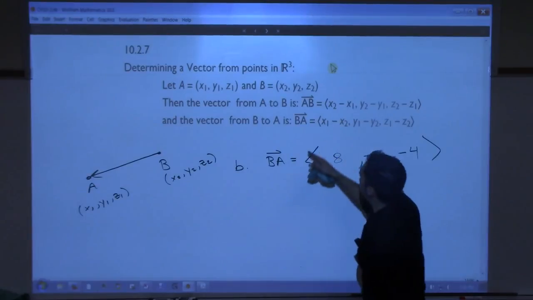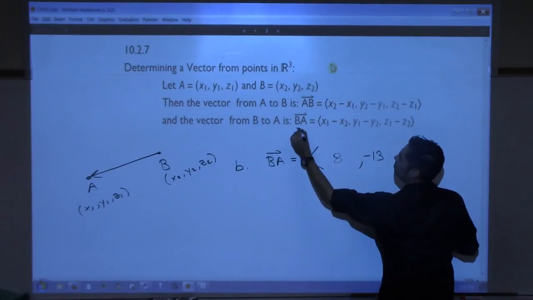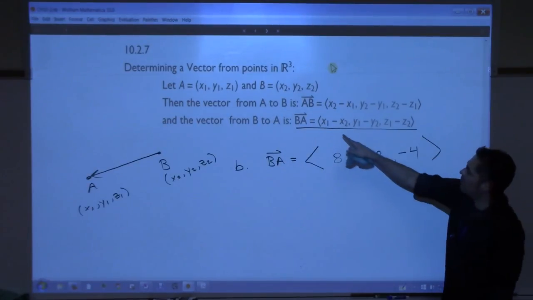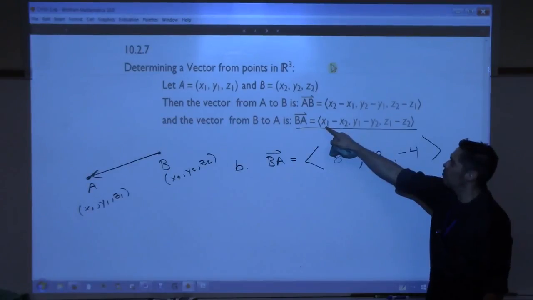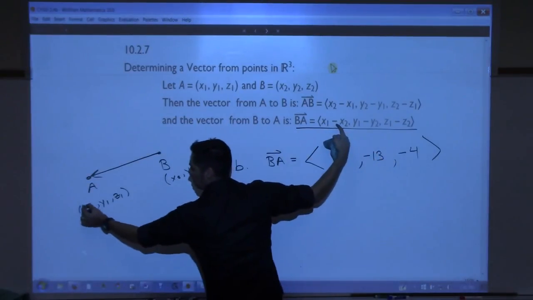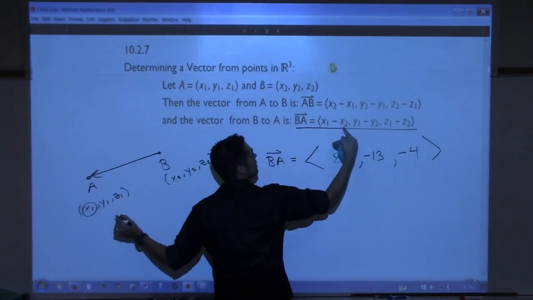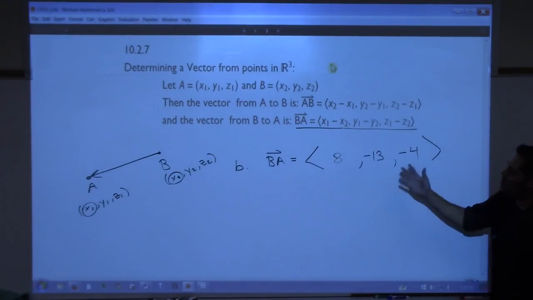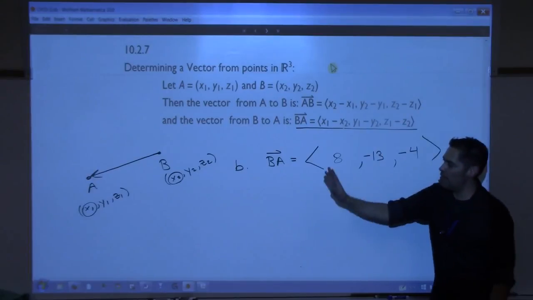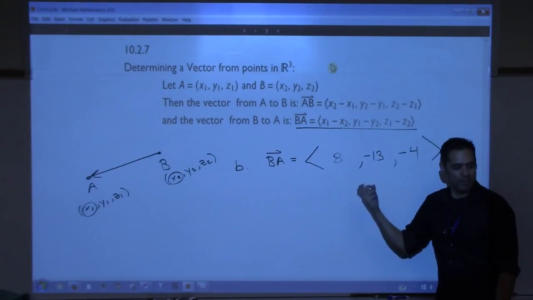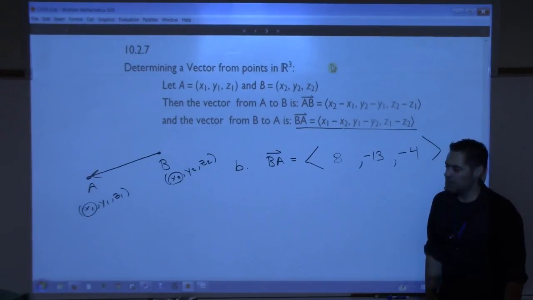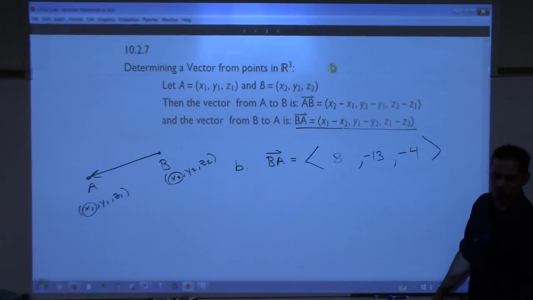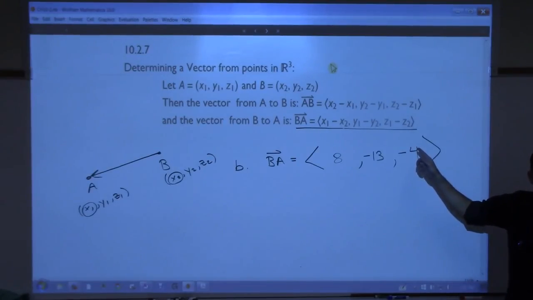Then if I want to go from B to A, I'm going to take x1, which is this one, and I'm going to subtract this one, which would have corresponded on the previous problem to taking the A1 and taking away the B part. Do I need to continue, or y'all got that? You got that? Okay.